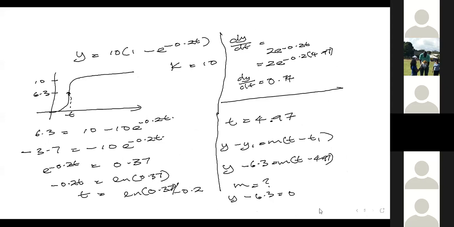So that is going to be 0.74 times t minus 4.97.